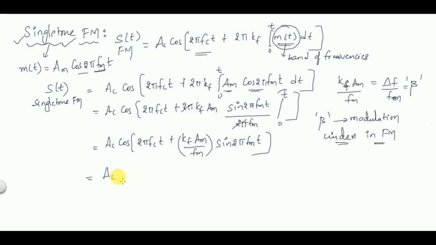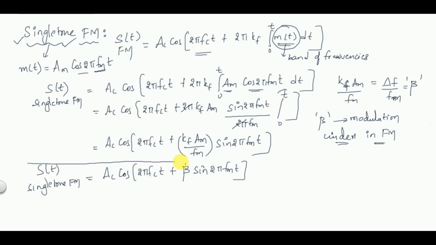So this is represented by Ac cos of 2 pi fc t plus beta sin 2 pi fm t. This is the standard time domain equation of single-tone FM.